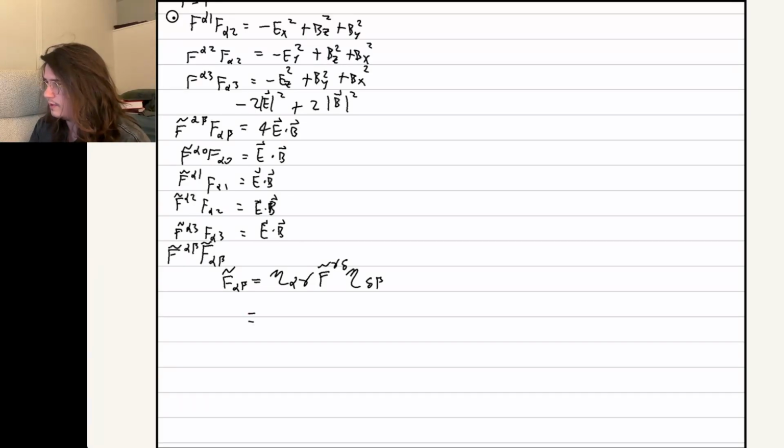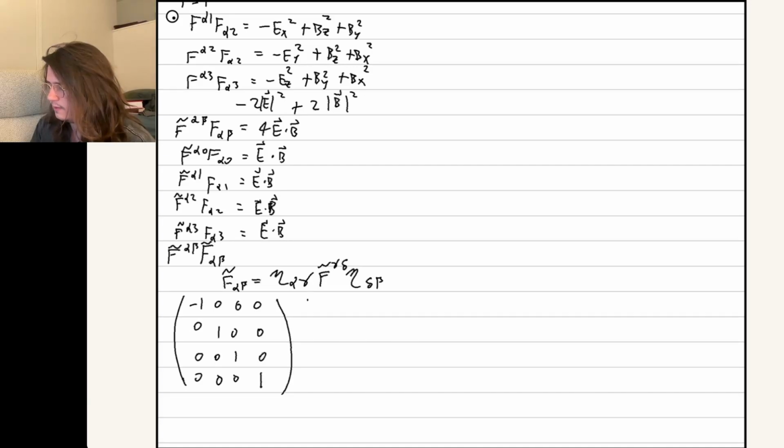Let's write all of this out in matrix form because it's going to be kind of an easy matrix multiplication. So this is the Minkowski metric that I'm writing right now on the right side, and that should be a 1 there.